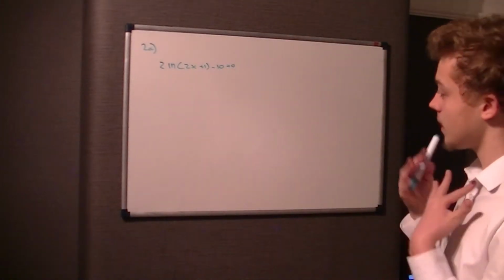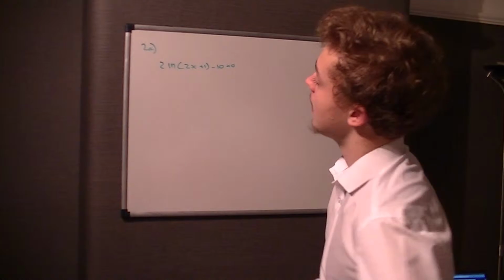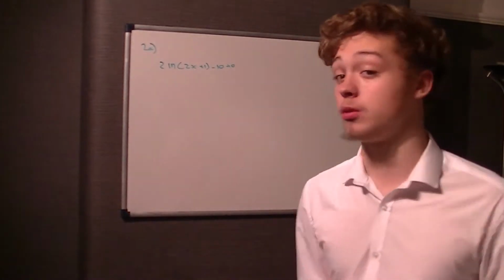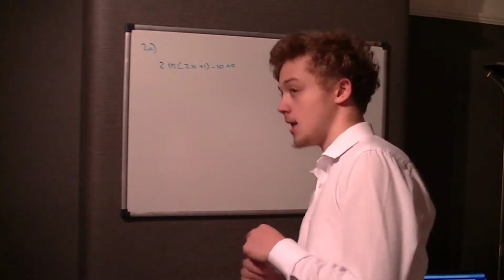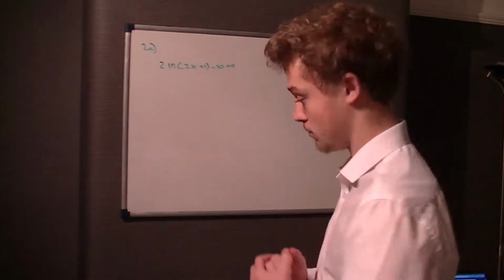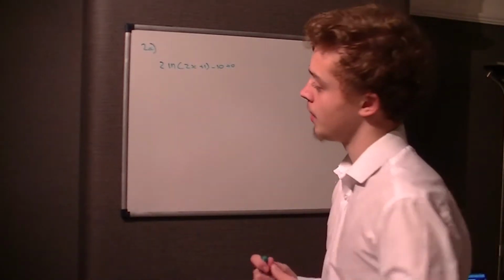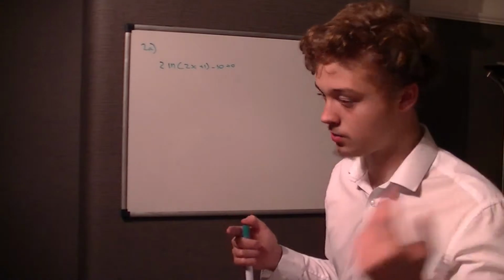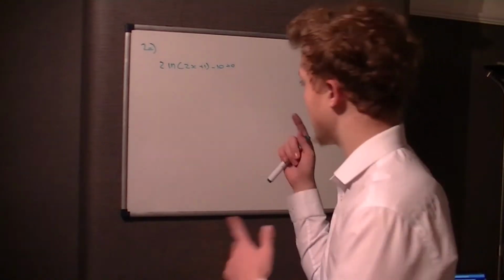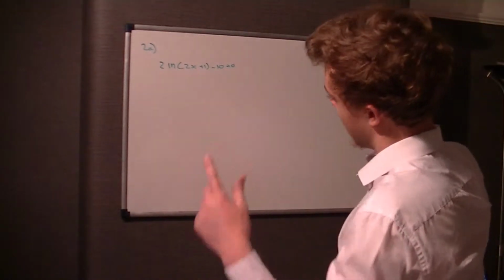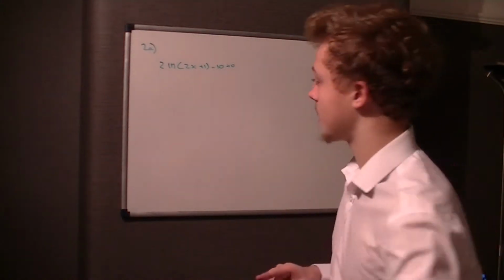To get x on its own, we'll have to use the inverse of ln. If it were 2 times sine of (2x plus 1) take 10 equals 0, you'd move the 10 across, divide by 2, get sine of (2x plus 1) equals 5, then take the inverse sine of both sides, so 2x plus 1 equals the inverse sine of 5, and so on to get x.